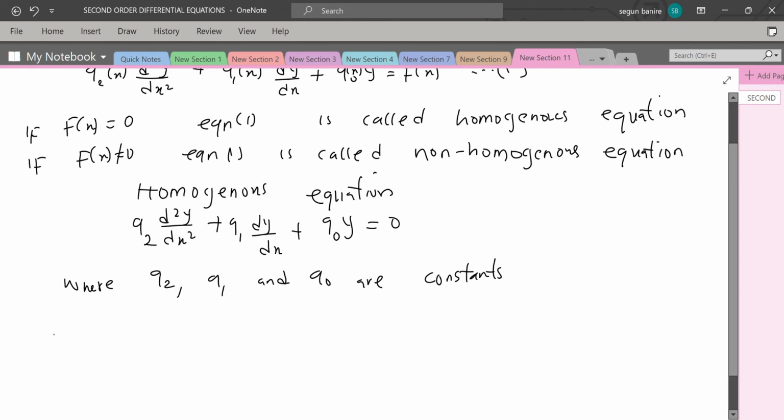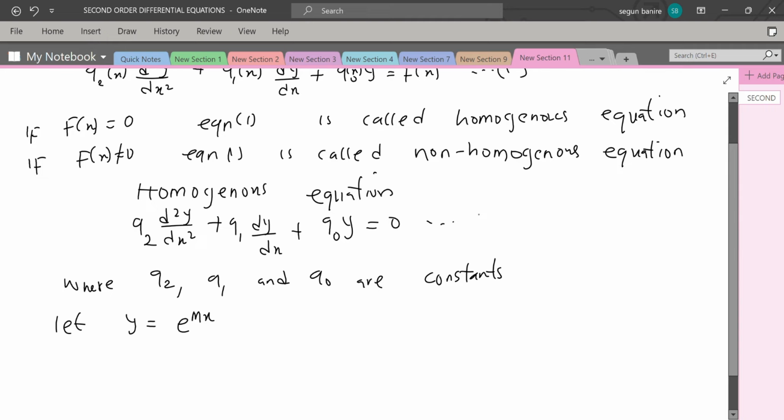Okay, so how do we solve this kind of problem? Stay with me. Let y be equal to e to the mx.